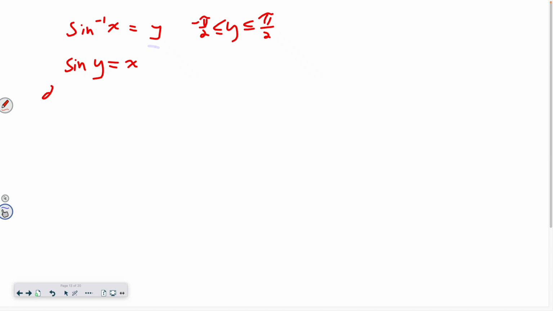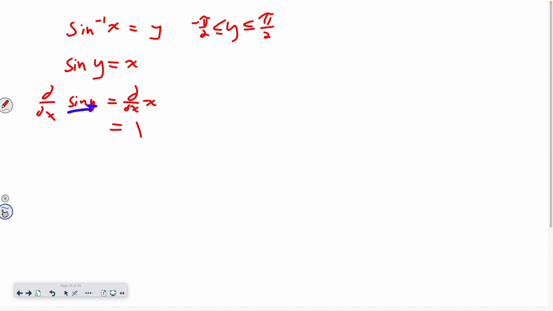So now, if we take the derivative of both sides, d/dx of sine of y equals d/dx of x, what's on the right side? 1. What's the derivative of x? 1. Okay. What's the derivative of this side? Well, gentlemen, this is in terms of y, and y is a function of x, so we have to use the chain rule.